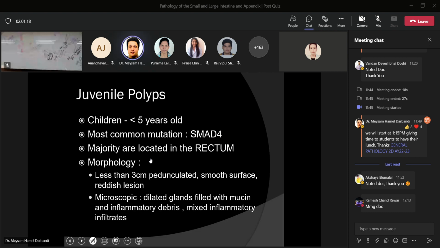Juvenile polyps occur in children less than 5 years old, and the most common mutation is SMAD4. The majority are located in the rectum. Morphology is less than 3 centimeters, with a smooth surface and reddish lesion. Microscopically there are dilated glands filled with mucin and inflammatory debris, with mixed inflammatory infiltrates.